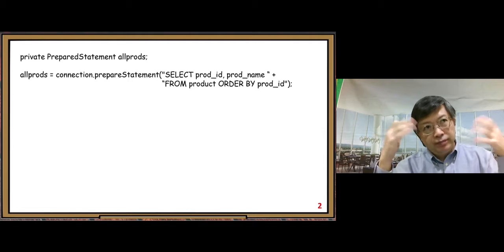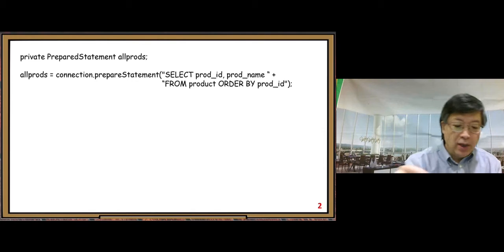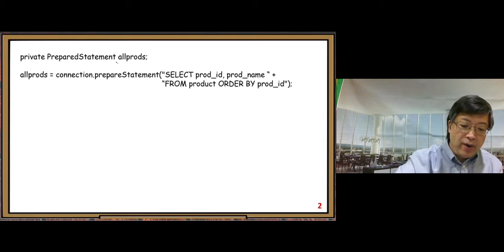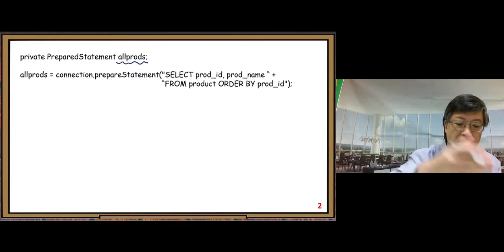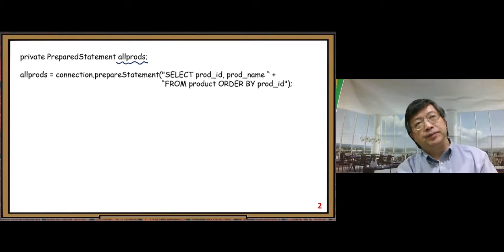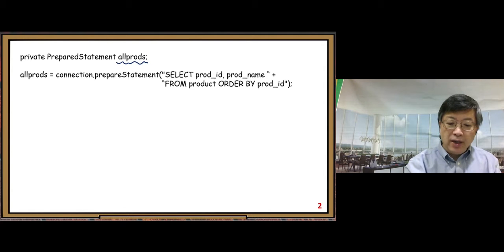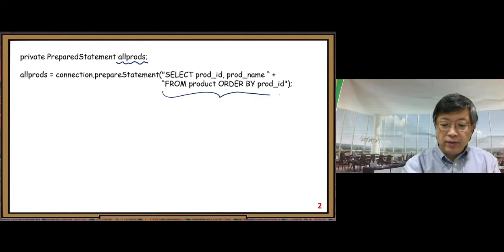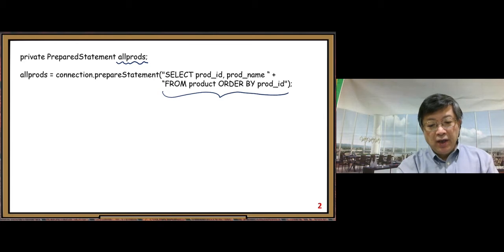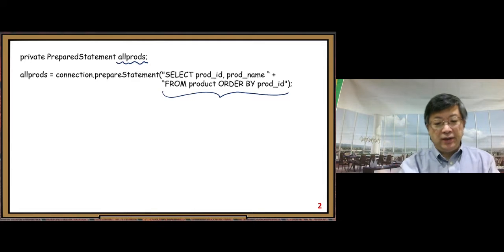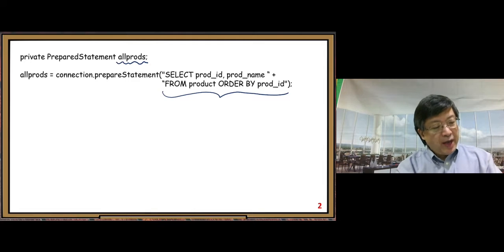When we do the query, we need a prepared statement. This is our query statement: ID, name, ordered by ID. So we'll get all the product information, all the products.